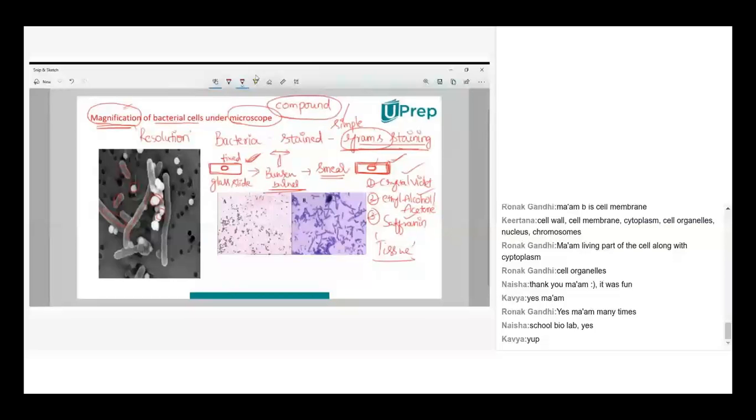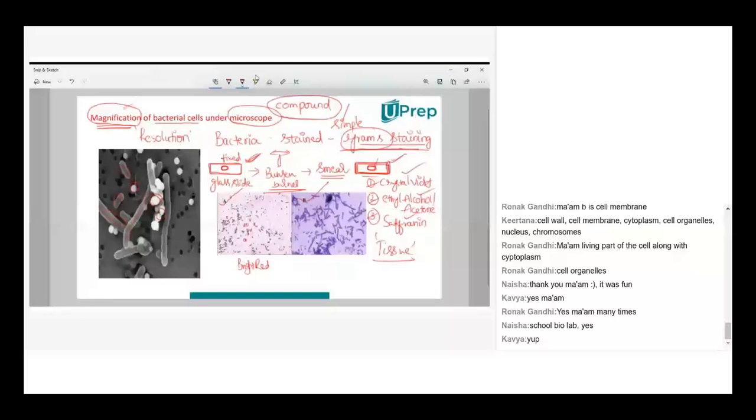Now after Gram's staining, if you observe this slide under a compound or simple microscope, you may get images either like A or like B. Now see, in image A, you can observe circular bacteria and rod-shaped bacteria also. Can you see those? They are almost bright red.